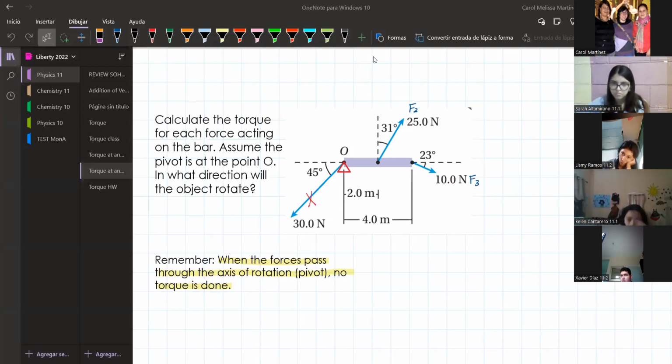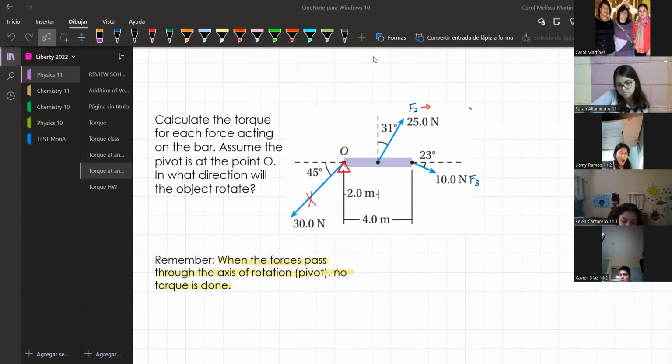Now we're going to focus on the other two forces: the force of 25 Newton at an angle of 35, which is force 2, and the other force that is 10 Newton at an angle of 23. In force 2, what type of angle do I have over there?